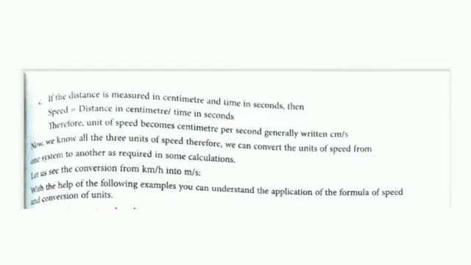Therefore, unit of speed becomes centimeter per second, generally written cm per second. And you see 3 units of the speed. Now you know all the 3 units of speed.